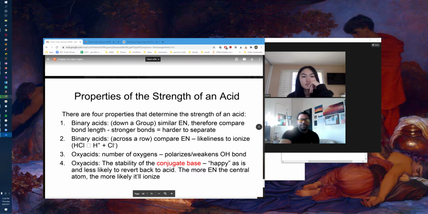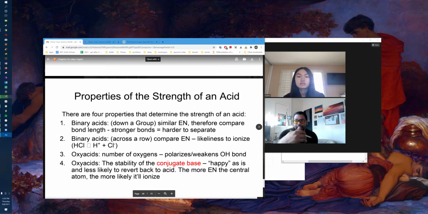What that basically is saying, if you think about it, is that if we have an acid, it'll make a conjugate base. If the conjugate base isn't stable, it's going to be reactive, and it's going to react to not be that conjugate base anymore. So it's going to react to be the acid again, so the acid's not going to be that strong.